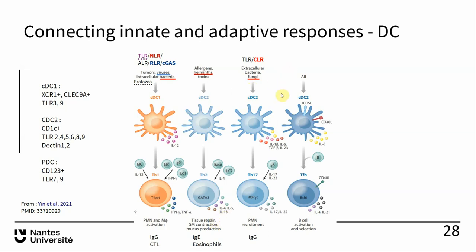Now, pretty much all pathogens can license cDC2 to activate follicular homing CD4 T cells, which are going to be important for the humoral response.